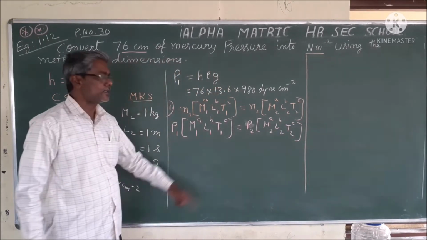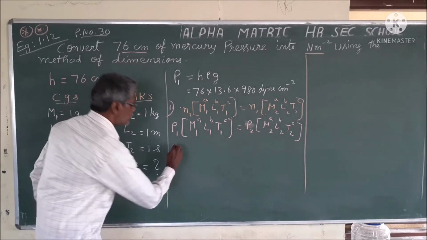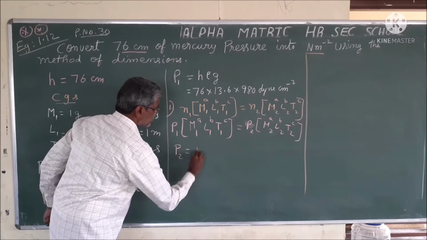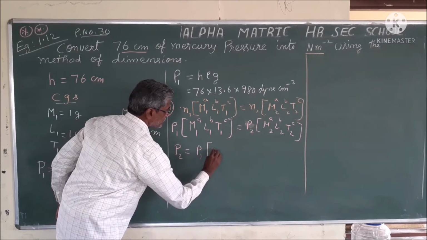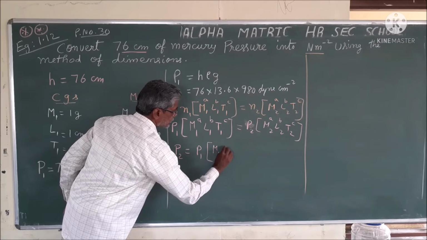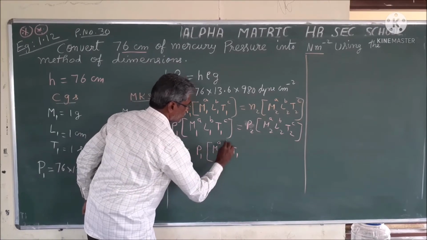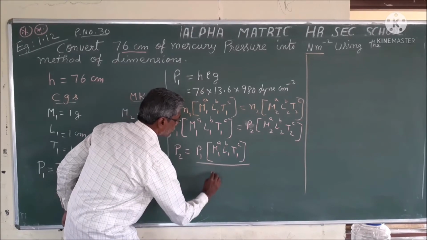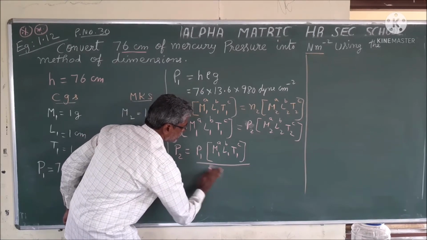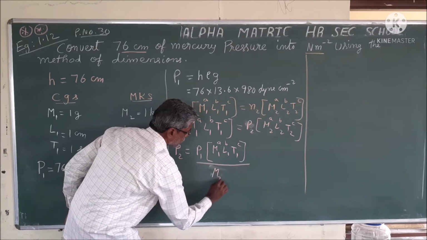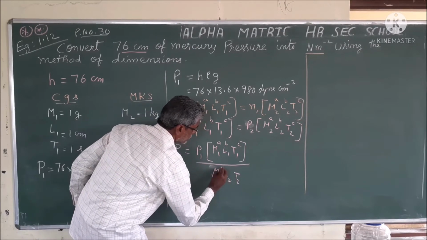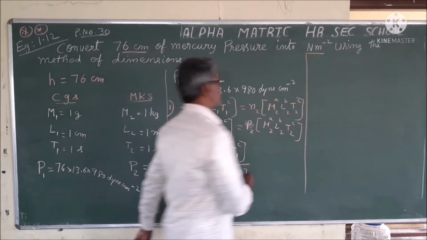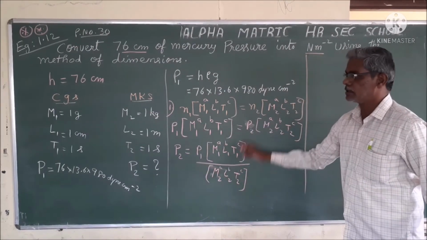Now I want to calculate the value of P2. Bring this side, so P2 is equal to P1; now group all things, mass, length and time.